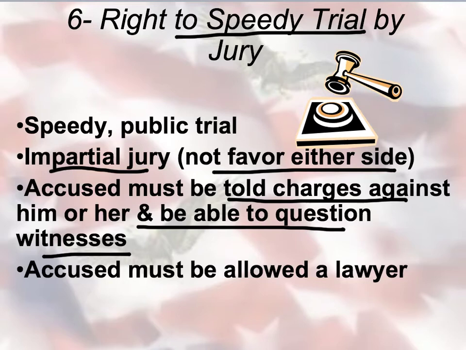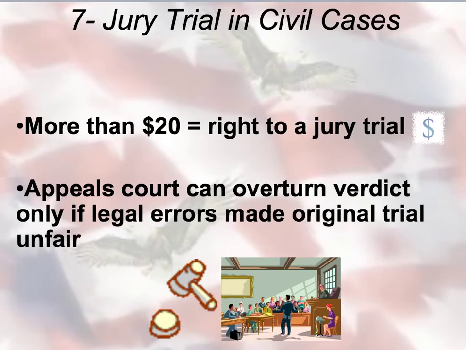And finally, and this goes without saying, the accused must be allowed a lawyer. And if you cannot afford a lawyer, you just don't have the money for one, a lawyer will be provided to you through taxpayer money. All right? So no matter how poor you are, you will have legal counsel. That's the Sixth Amendment.